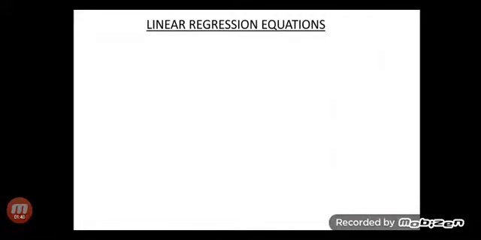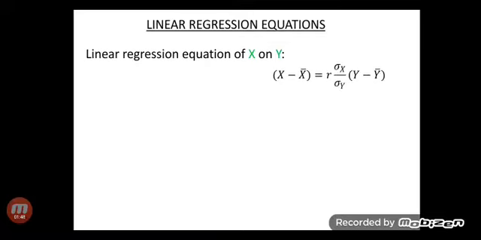Linear regression equation. The linear regression equation of x on y is x minus x bar equal to r into sigma x by sigma y into y minus y bar.